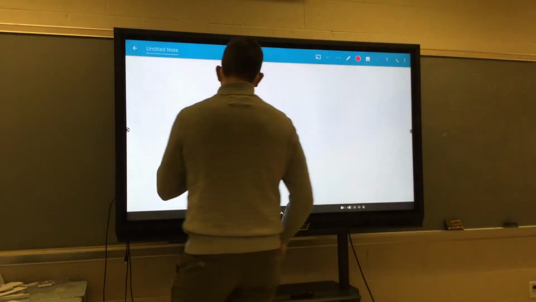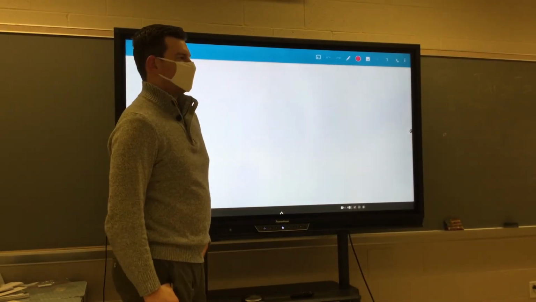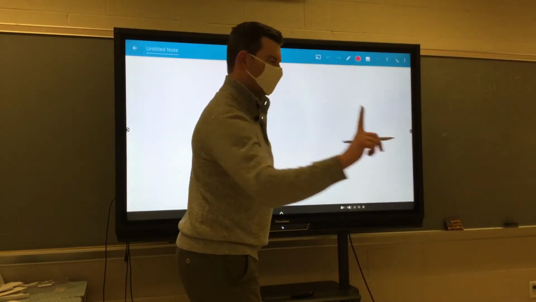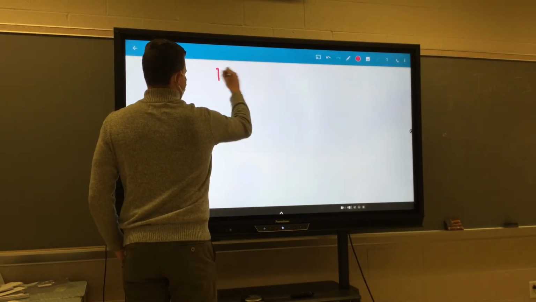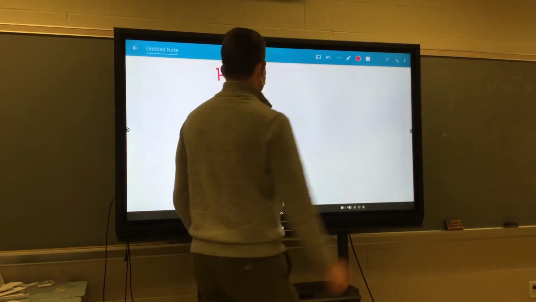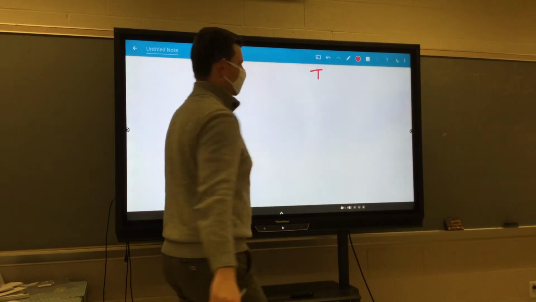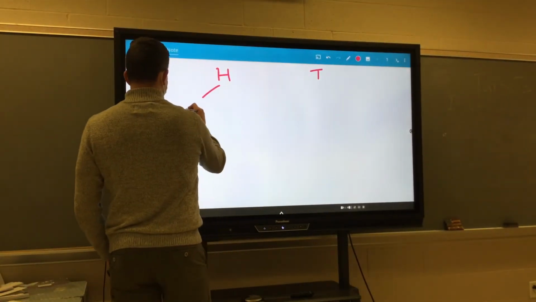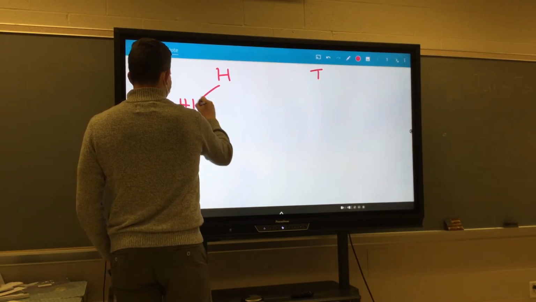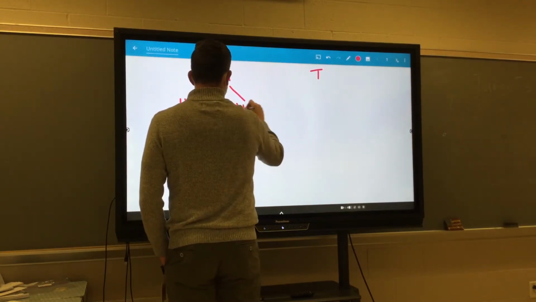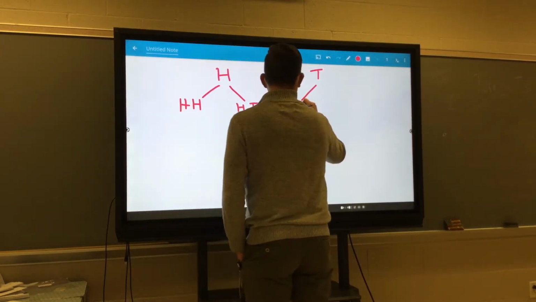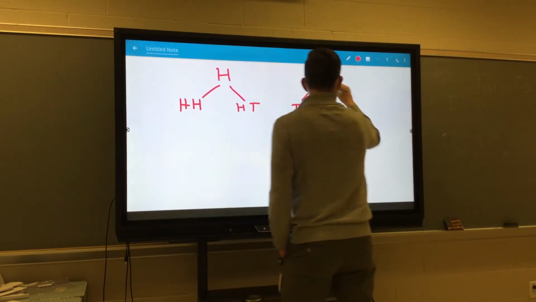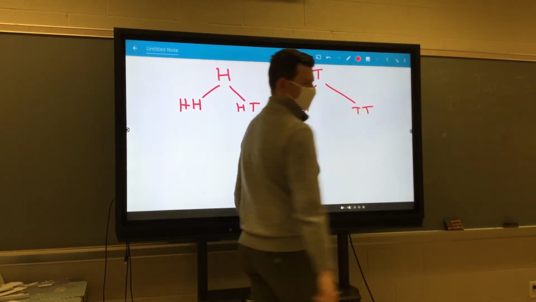So, I told you that I've already made my last tree diagram. Well, I'm going to make one more. I lied. After that first coin flip, we could have heads or tails. Second coin flip, we could have heads, heads, or heads, tails, or tails, heads, or tails, tails.